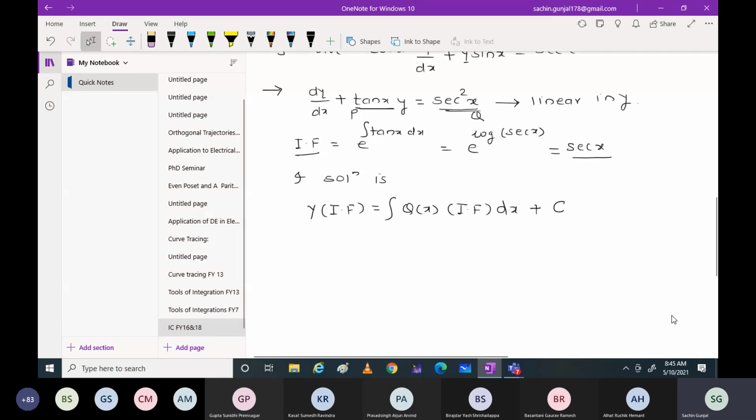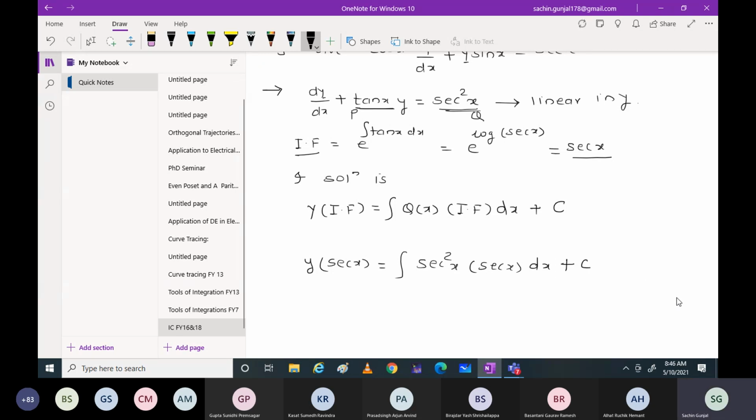All right. So y into sec x is equal to integral, q is sec square x, so you will have sec cube x, actually, plus c.